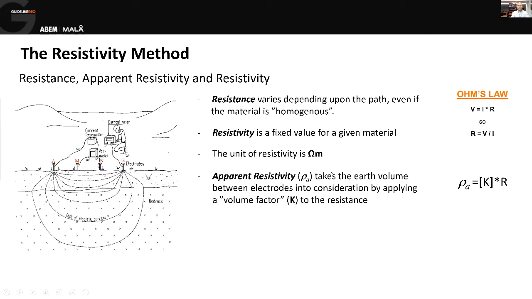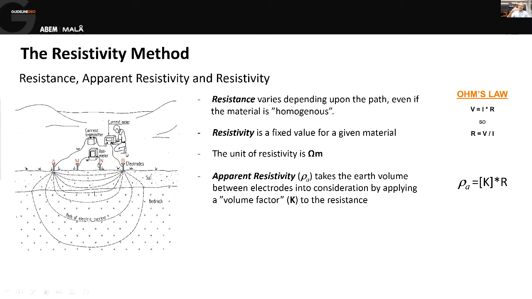But we talk a lot about apparent resistivity, and that's the raw data that we take off the instrument. The reason that it's called apparent resistivity is that we are taking our measurements from the surface. That means that our current paths are flowing through the whole of the ground beneath our feet.